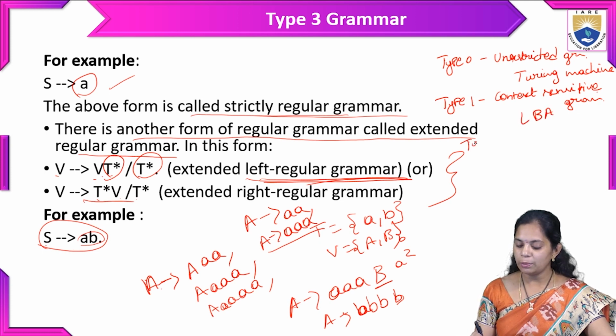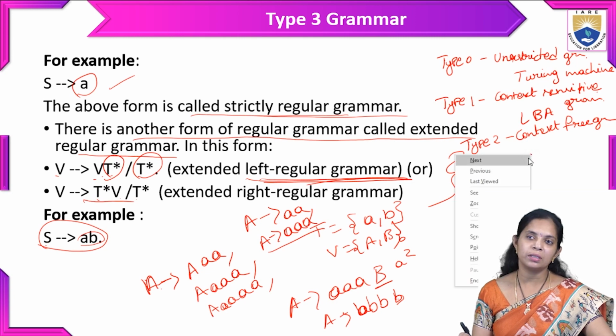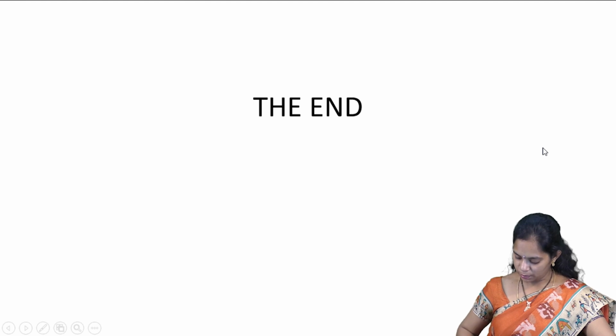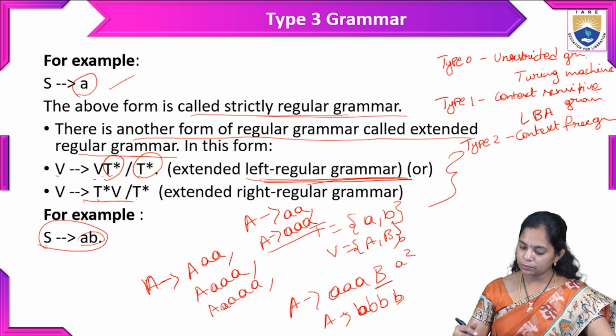Coming to type 2, it is a context free grammar, which is recognized by the machine called pushdown automata.